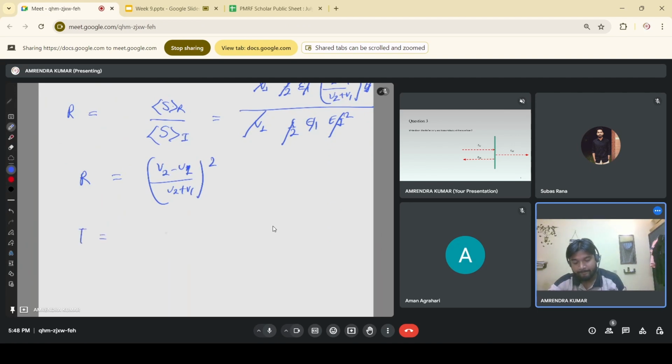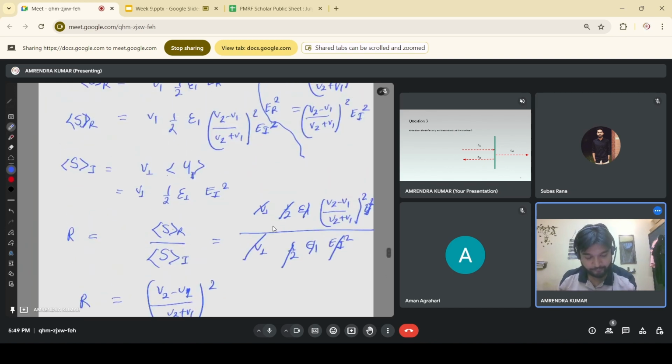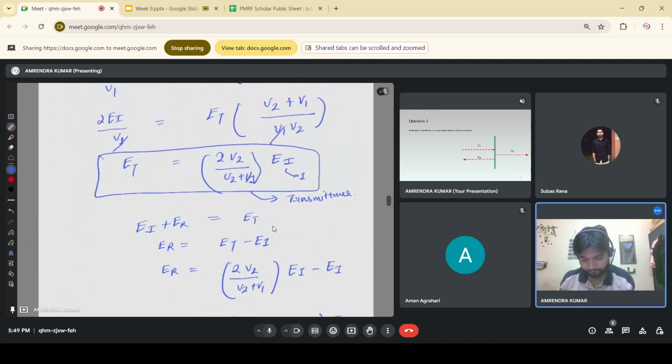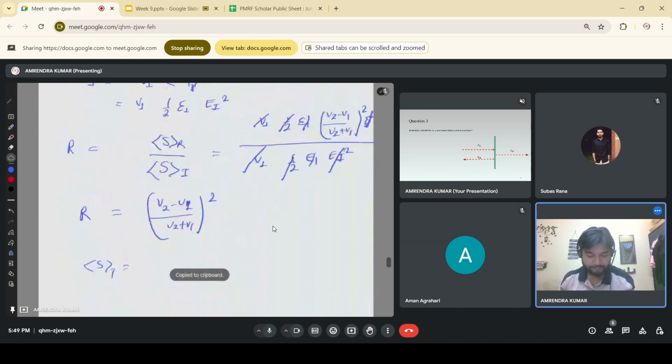Transmittivity will be S transmitted, because we knew that it is this much.